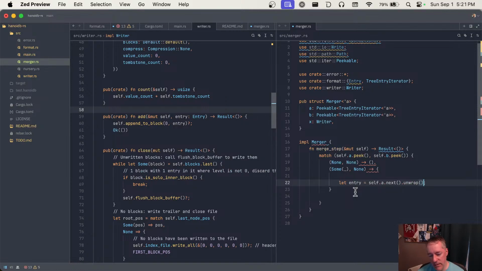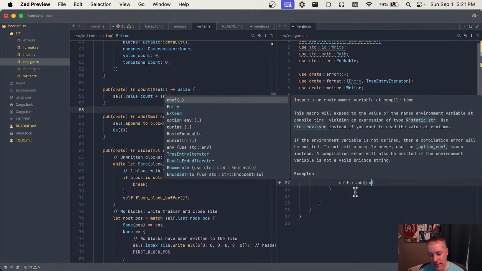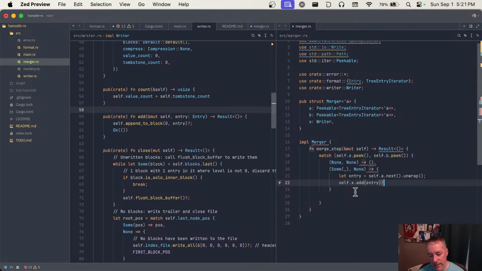And honestly, we've already asserted that it's going to have one, so we can unwrap there. And then let's do self.x.add entry. And actually, we don't need a question mark because that's the result, right? And this should be okay. There's nothing to do.